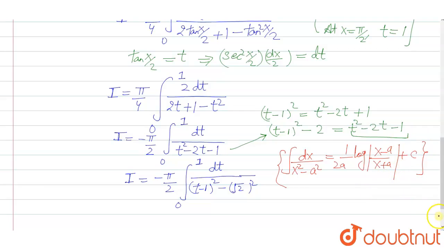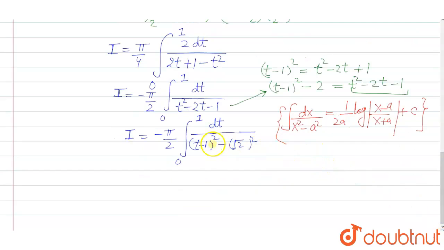So here comparing with this, we get x is t minus 1 and a is root 2. Now we will put the value.